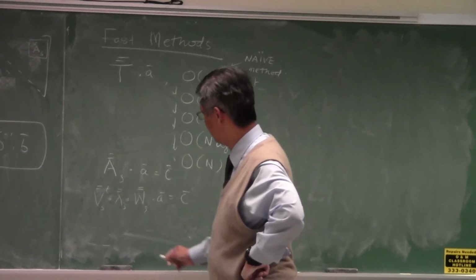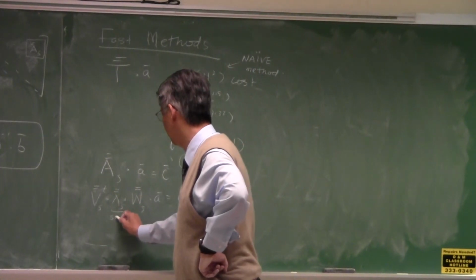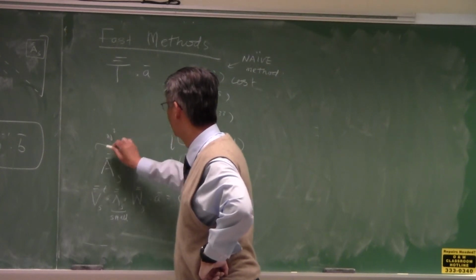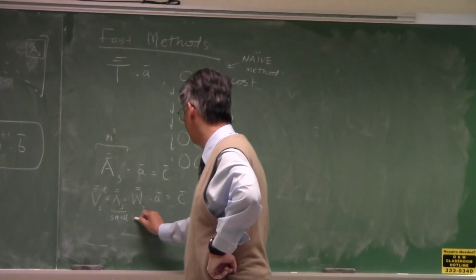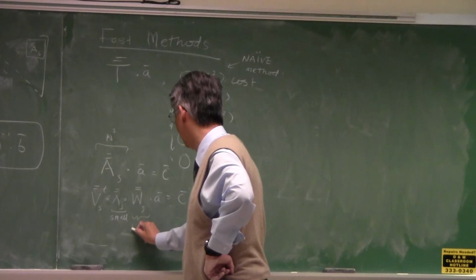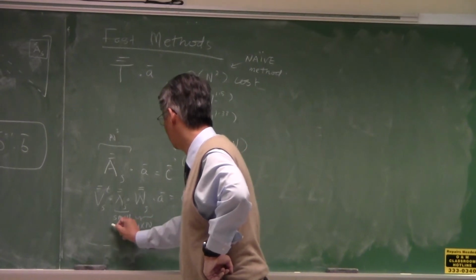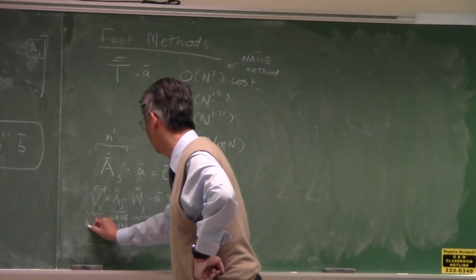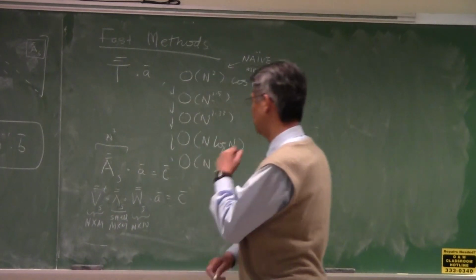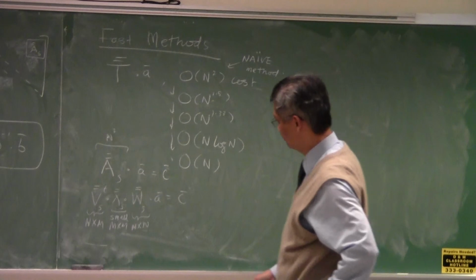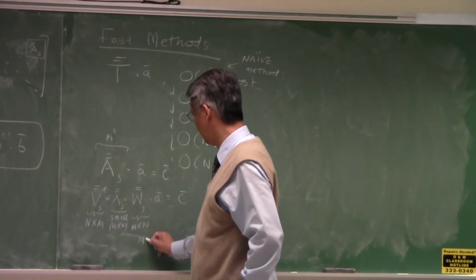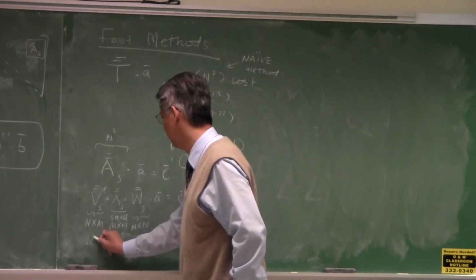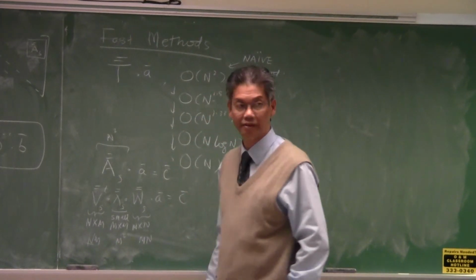And if this is small, the cost of this is n squared. If you can do singular values so that this is small, so that this might be m by n, this is n by m, this is n by m. Then the cost of this is mn in the first stage, m squared in the second stage, nm in the third stage.